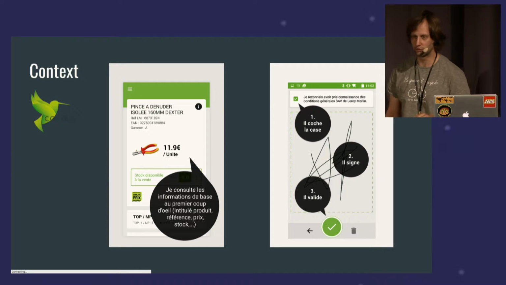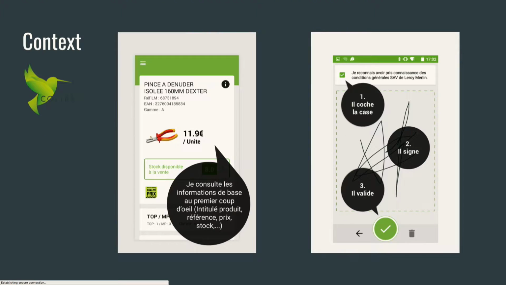Just to give you the context, I work on the same team as Camille. I don't know if you remember our talk yesterday. In our team, we are making a mobile application for our employees. Those applications are very wide. It can be a simple product sheet with the price and stock, or it can be an after-sales application with electronic signature.